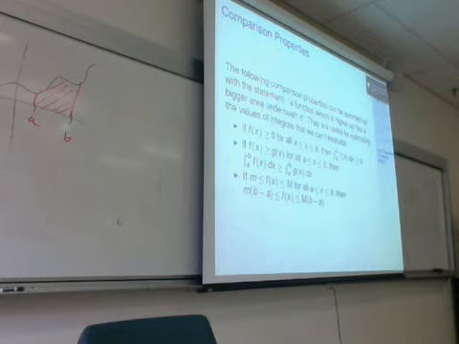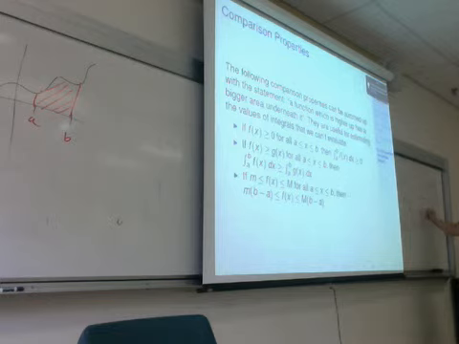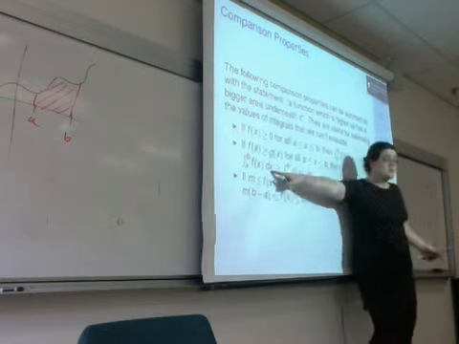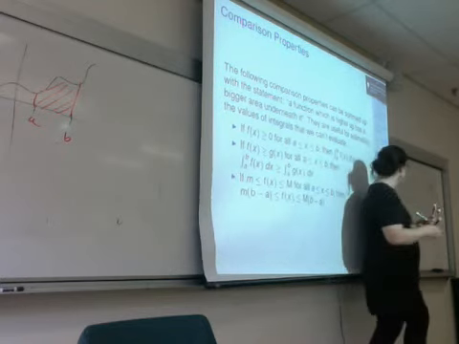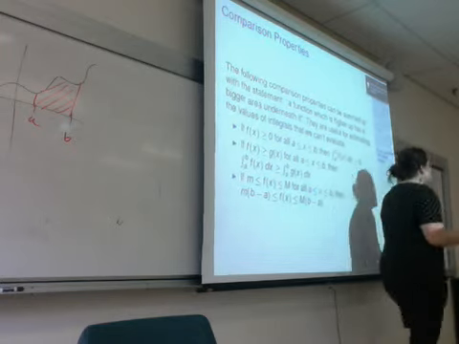So f of x is the top one, g of x is the bottom one, and we have a and b. Then the green area, which is this integral, the area under f of x, will be bigger than this blue area, the area under g of x.